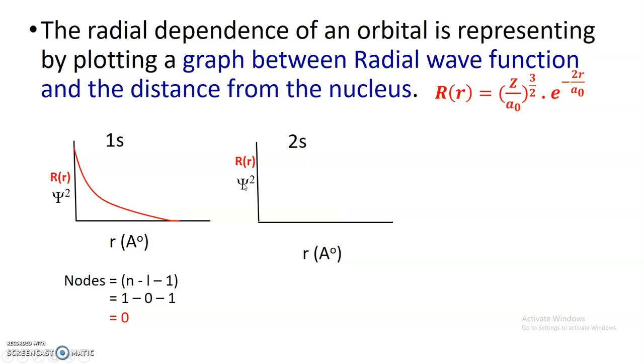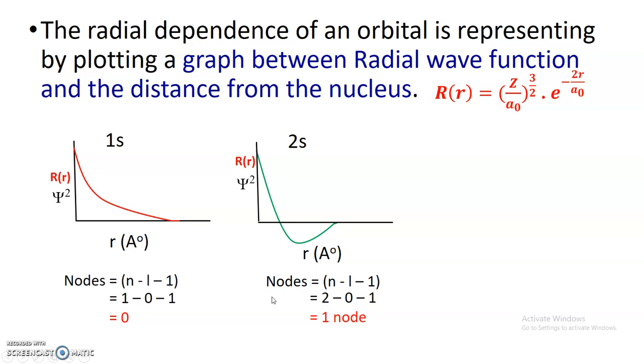For 2s orbital, when we plot the radial wave function versus distance from the nucleus in angstrom, then this is the nature of graph, and this line crosses x-axis at a certain point, and this is the node.